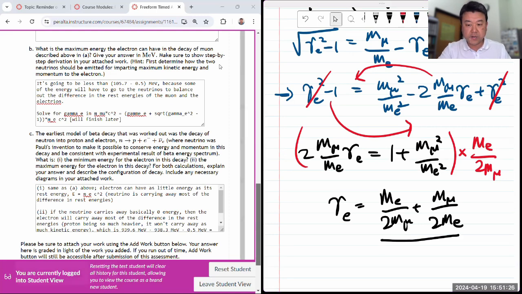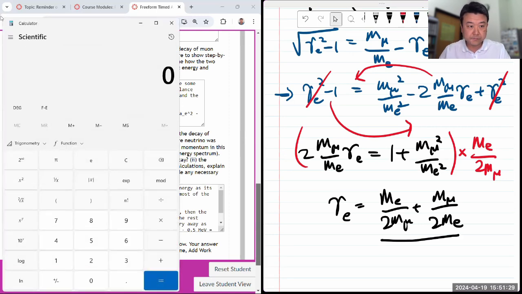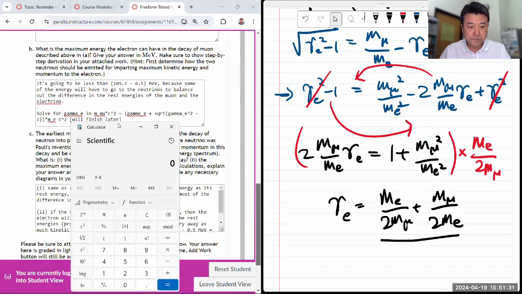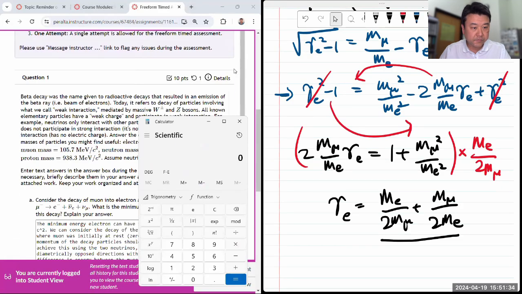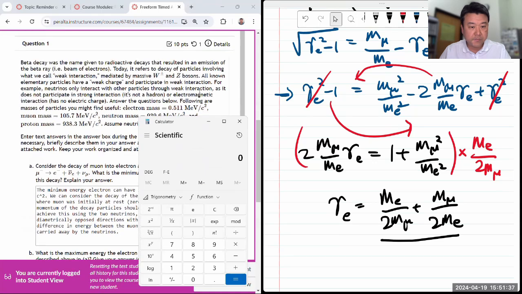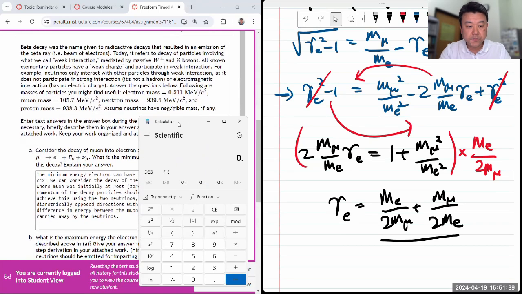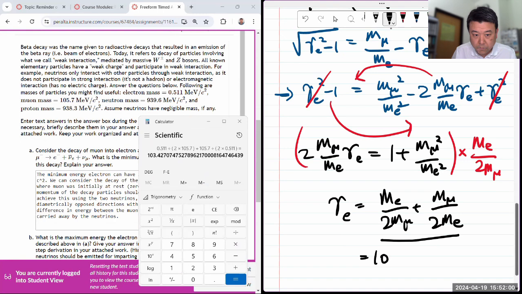Let's quickly do that in a calculator. Do I have time? Yeah, 2 minutes, okay. So let's quickly do that. Mass of the electron, 0.511 divided by 2 times mass of the muon, 105.7, plus mass of the muon, 105.7 divided by 2 times 0.511 is equal to, I get 103.43.